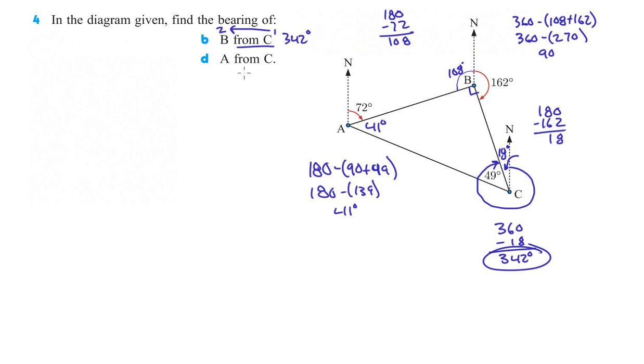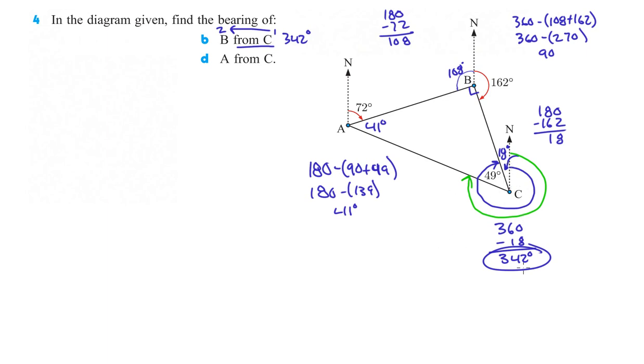342 right there. Now A from C, let's do that in green here. So A from C. So we're starting at C and we're going to go back to A. So we got to figure out what this is right here. So good news is we know that this is 49 and 18.